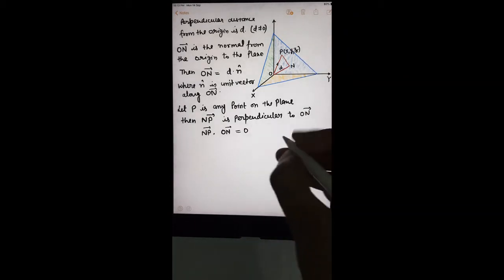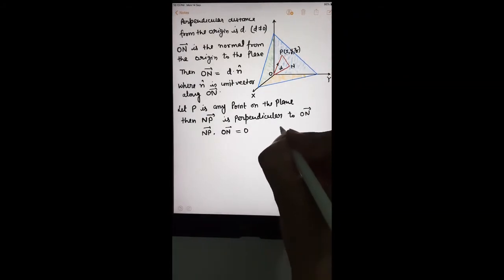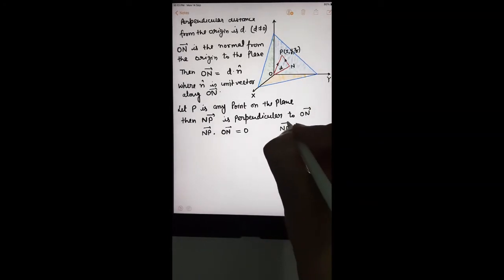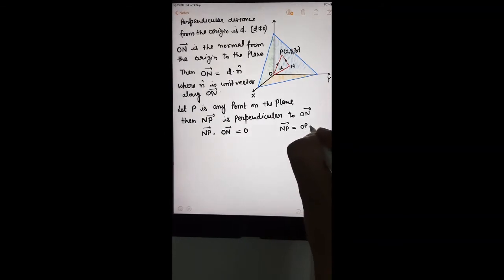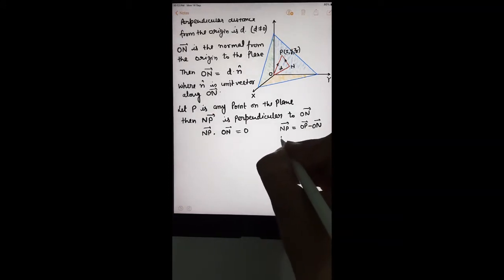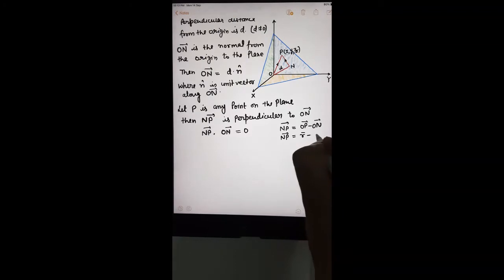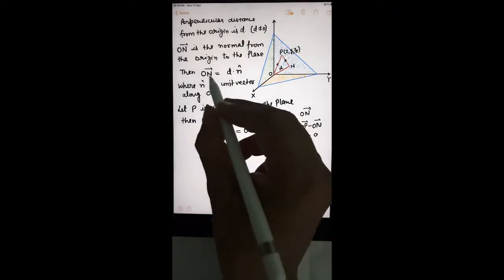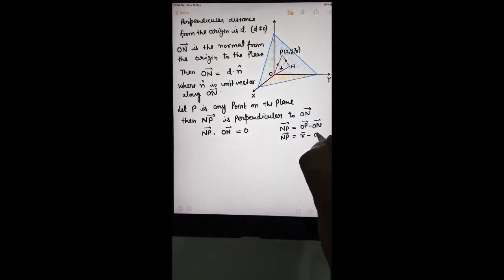Now, what is the NP? You can see here, to find NP, it is equal to OP minus ON. So the vector NP can be written as vector R minus vector ON, and ON is equal to D dot unit vector n.